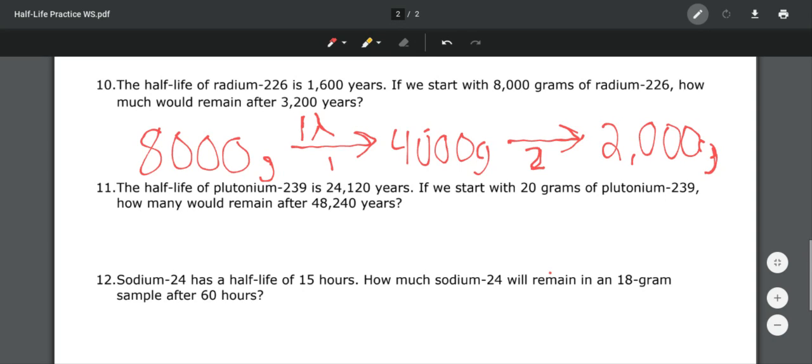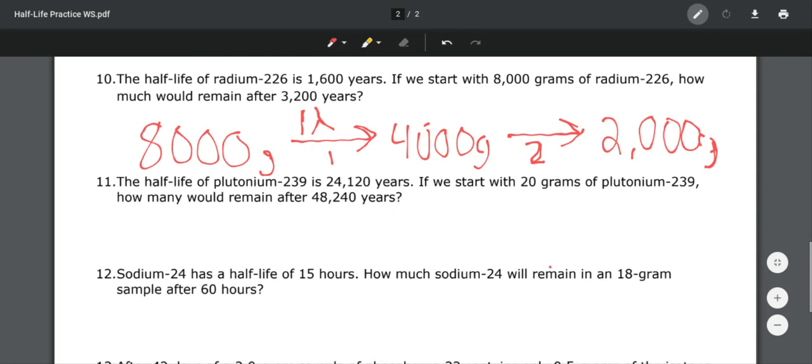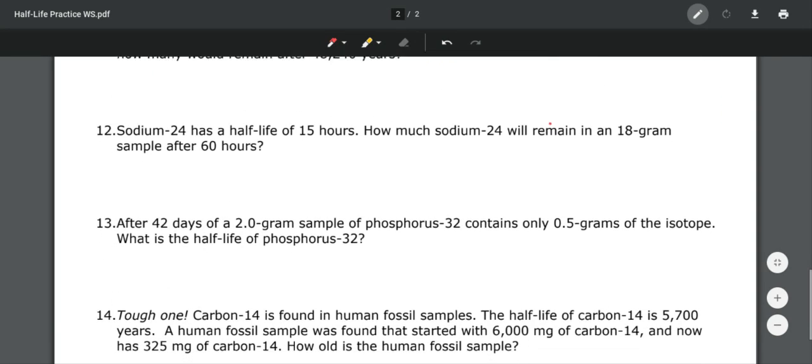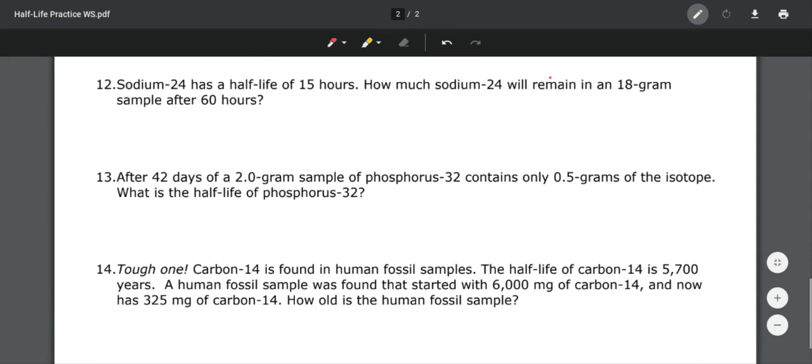So another way you can approach it is to do the math ahead of time. If I'm looking at number 12, sodium-24 has a half-life of 15 hours. How much sodium-24 will remain in an 18-gram sample after 60 hours? Okay, so I can do a little bit of math ahead of time.